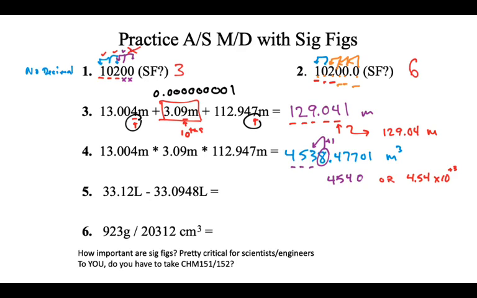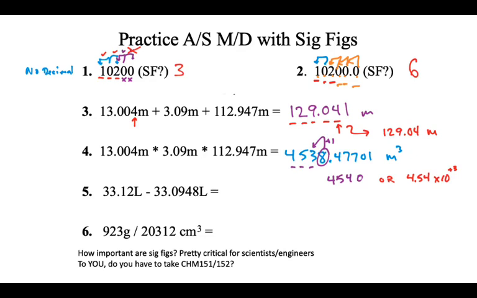Okay? For question 3, there's a bunch of stuff stacked on there. So let's go through that. When we go through and just enter it into the calculator, we get that purple number, 129.041. Okay? The calculator spits that out. How much of that are you allowed to keep? Because it is addition, we are only allowed to keep up to our least precise place. So we would have to go back and look at the numbers that we were given and decide their least precise place.